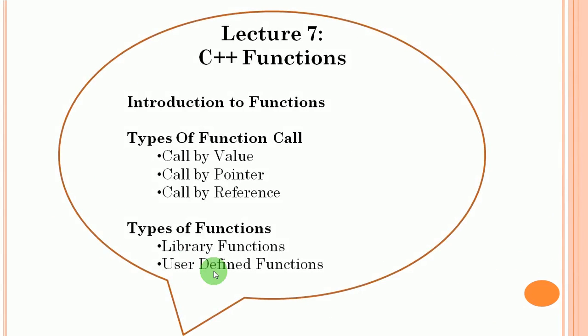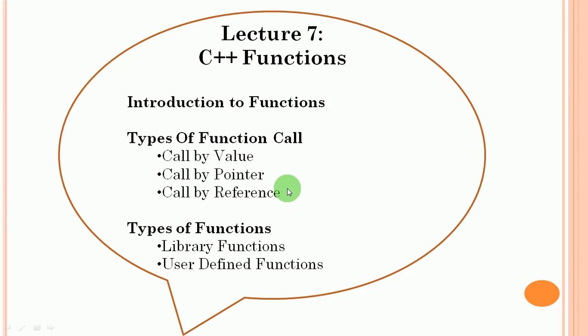Then we move to lecture 7. It's about C++ functions. First of all, we give an introduction to functions. What are they? And then we look at some of the types of function call: call by value, call by pointer, and call by reference.